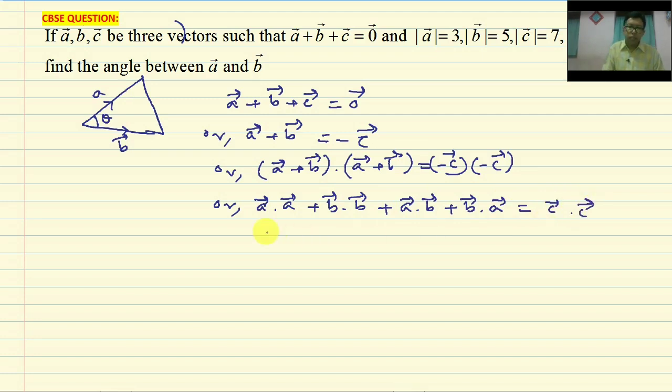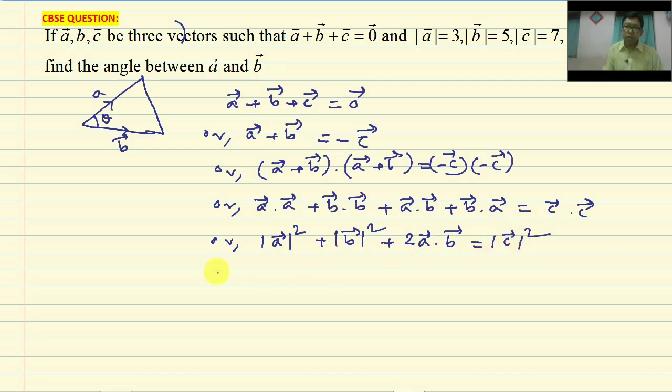Or you can write modulus of A vector square, modulus of B vector square, and A dot B is equal to B dot A, so you can write twice A vector dot B vector, and this is modulus C vector square.